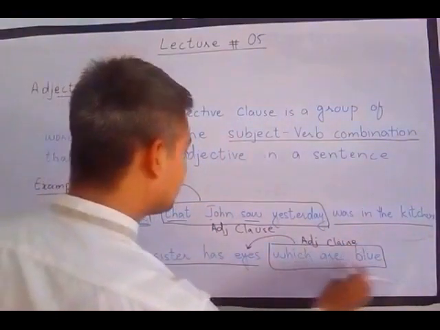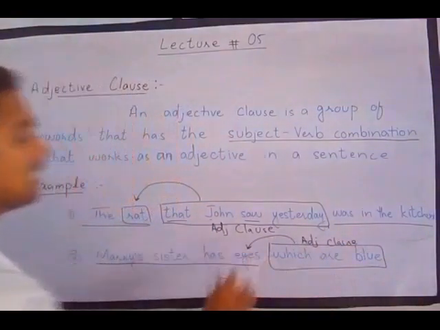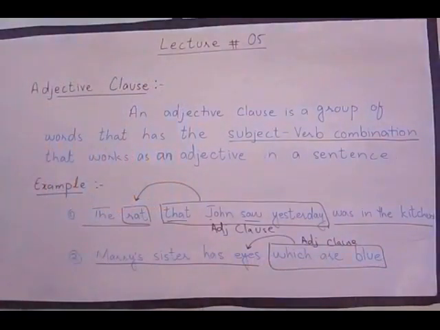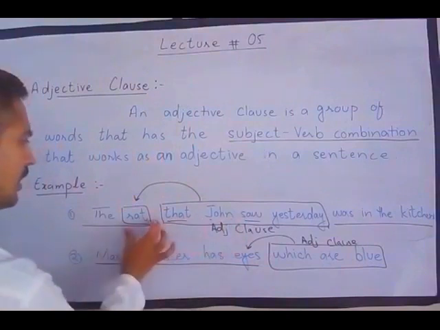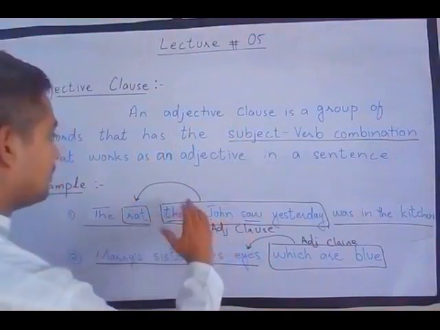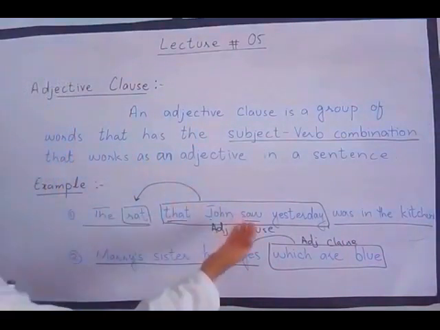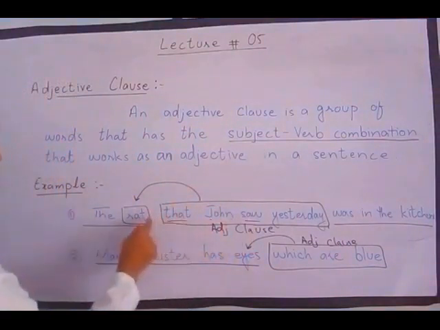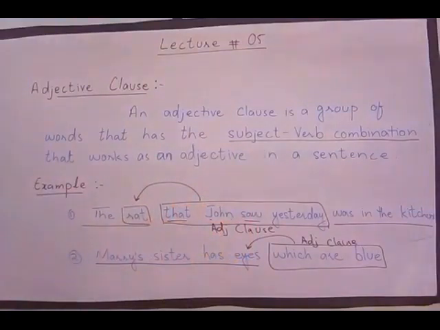Because which are blue is modifying the eyes. So it is important that after a noun, an adjective in the shape of a clause defines the noun. So this is our adjective clause.